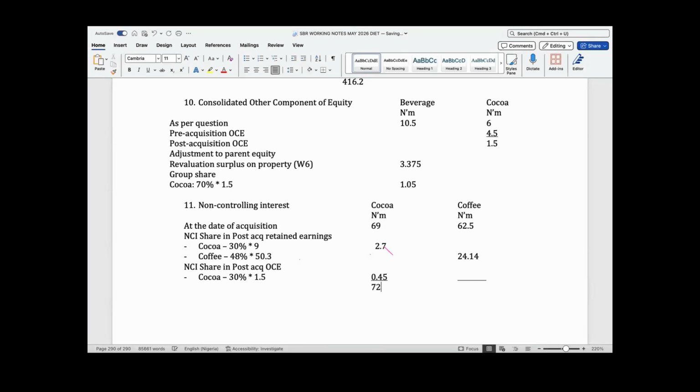That's more like it. What about coffee? 62.5 plus 24.14, that gives 86.64.